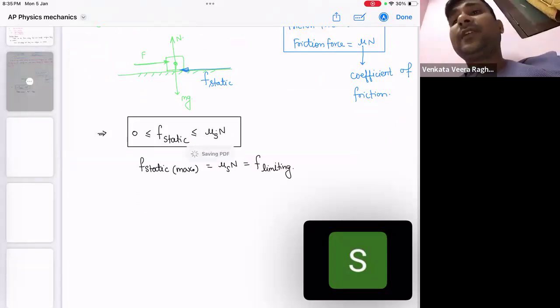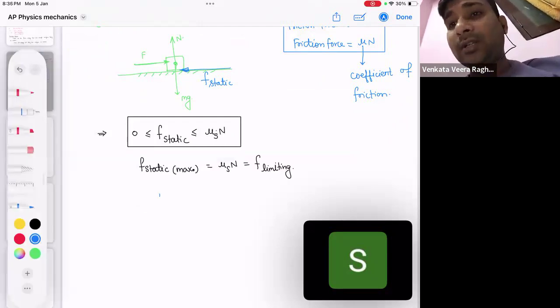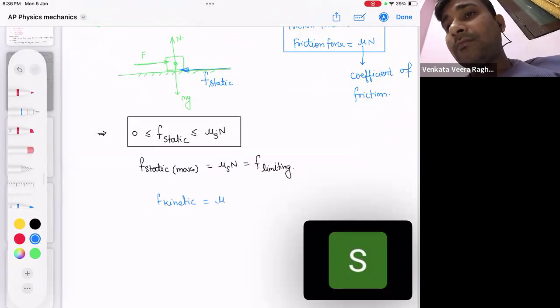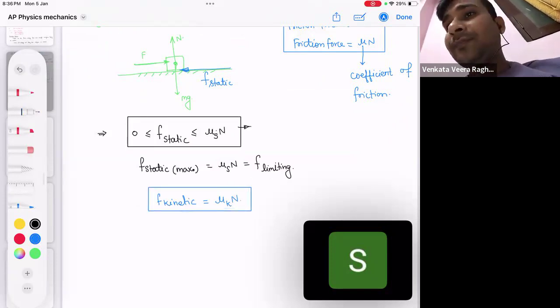Kinetic friction has a fixed value. It is mu k into normal. What is the kinetic friction? Mu k into normal.